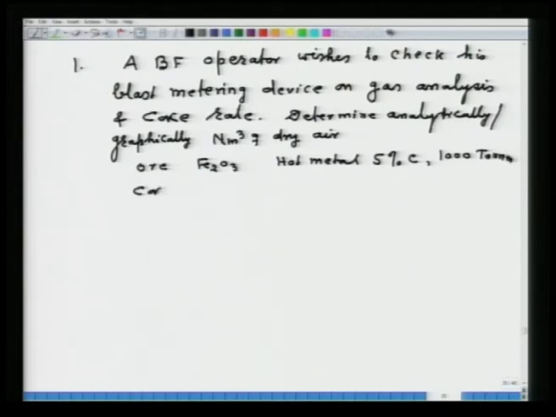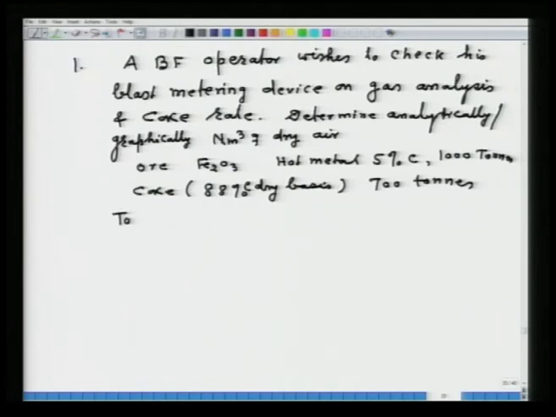Coke is 88% carbon on dry basis and 700 tons is the total requirement, although it is a very poor operation, but does not matter.